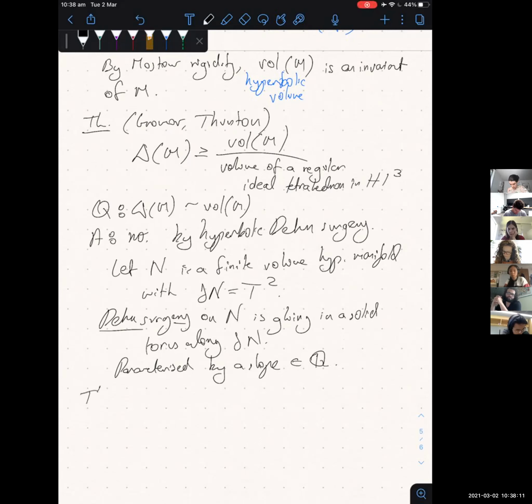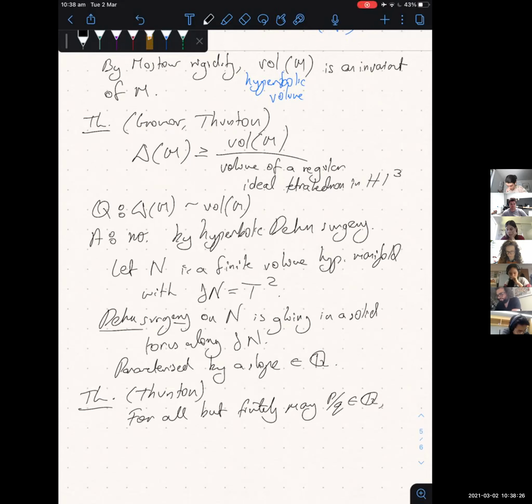So the theorem, which is Thurston's hyperbolic Dehn surgery, is that for all but finitely many slopes, the resulting manifold, which I'm going to write as M_{p/q}, has a hyperbolic structure. Furthermore, these have bounded volume, which is what we wanted.